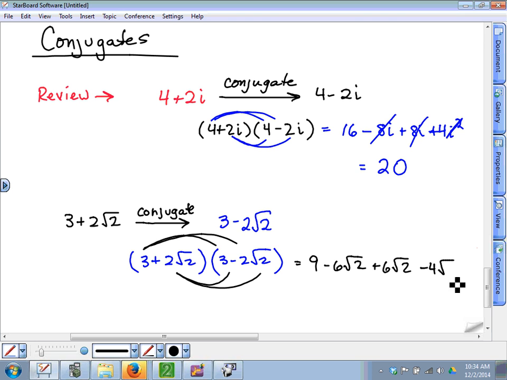It's negative 4 times the square root of 4. But the square root of 4 is just 2. Negative 4 times 2 is negative 8. The two middle terms cancel out. 9 minus 8 is 1. That whole mess of a problem just multiplied down to 1.